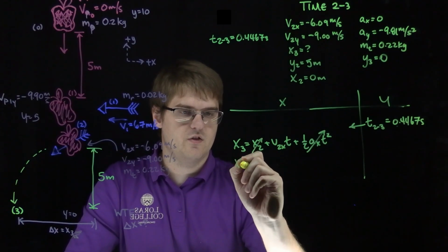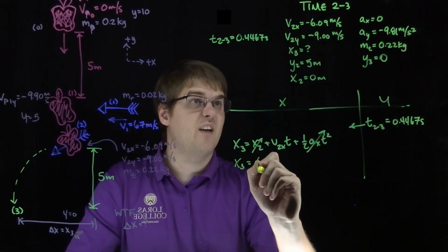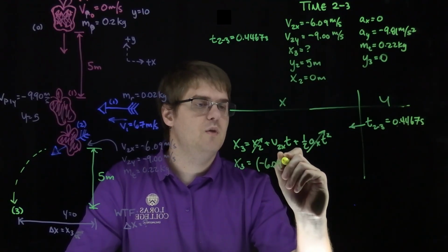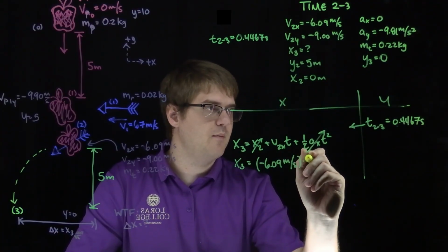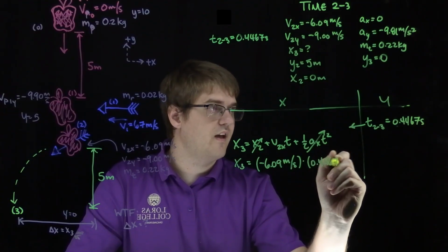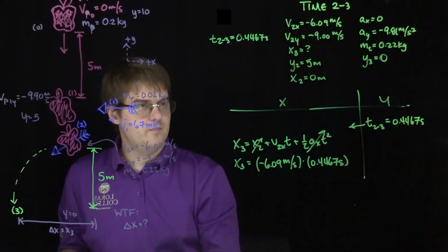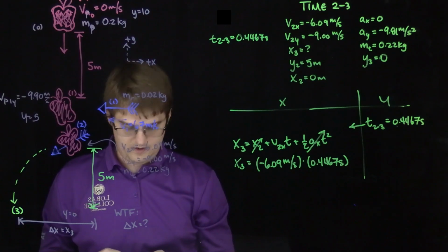So my position at 3, which is what I'm trying to solve for, is going to be my velocity at 2 in the x, which is negative 6.09 meters per second. And that is being multiplied by my time of 0.4467 seconds. And because I had that incorrect answer, I'm going to go ahead and plug that in.